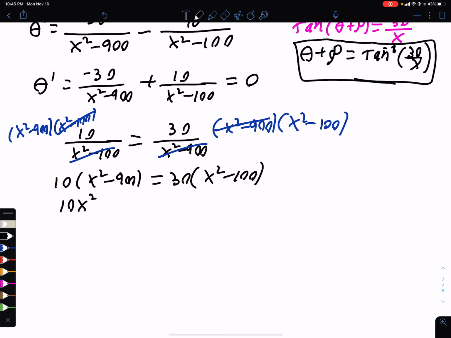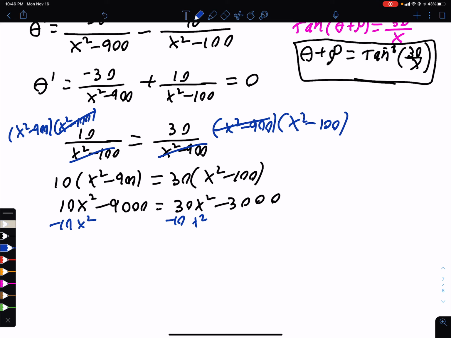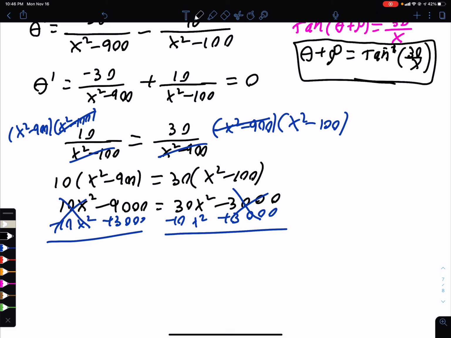Let's distribute: 10x squared minus 9,000, 30x squared minus 3,000. I'm going to subtract 10x squared from both sides, and I'm going to add 3,000 to both sides. Those cancel, and I end up with 20x squared is negative 6,000.